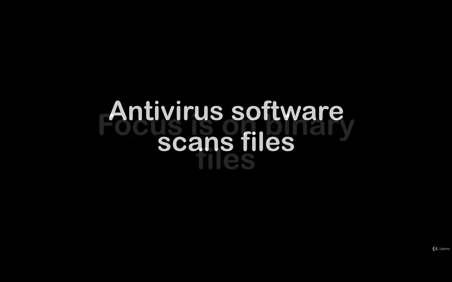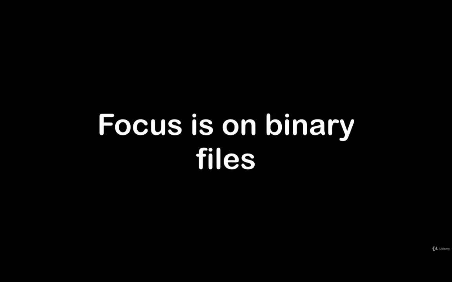And the way that this works is that antivirus software will scan files, especially it'll focus on some of the binary files like executables and the files used by executables. And when I mean executables, I am talking about the applications. So usually that's where the focus of antiviruses is, on things that can run code by themselves, not on things like data files like images or text files.